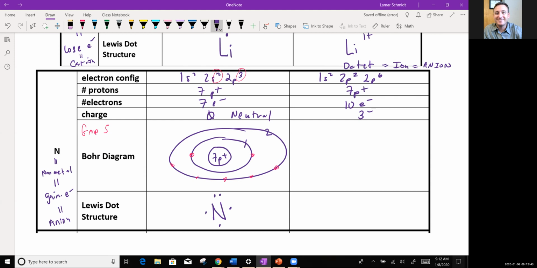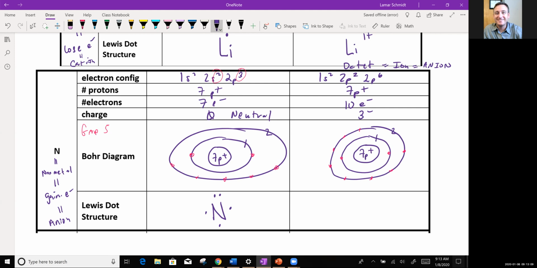And so in this case, we're not eliminating an energy level, 1, 2. We are just simply adding electrons to our highest energy level, 3, 4, 5, 6, 7, 8, so that it has the octet, or what is called a noble gas configuration.